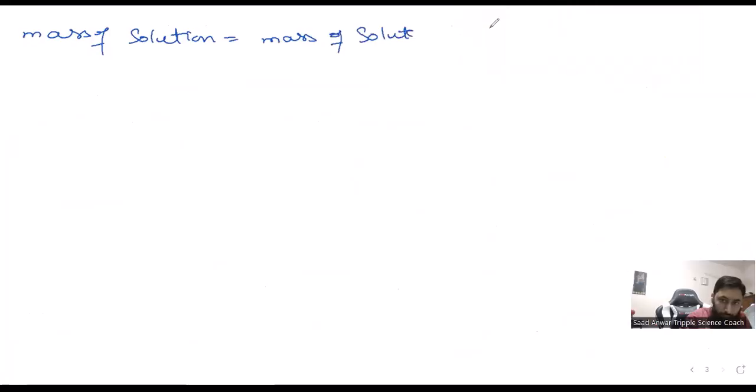So mass of solution is equal to mass of solute plus mass of solvent. I need mass of solvent. What do I do?